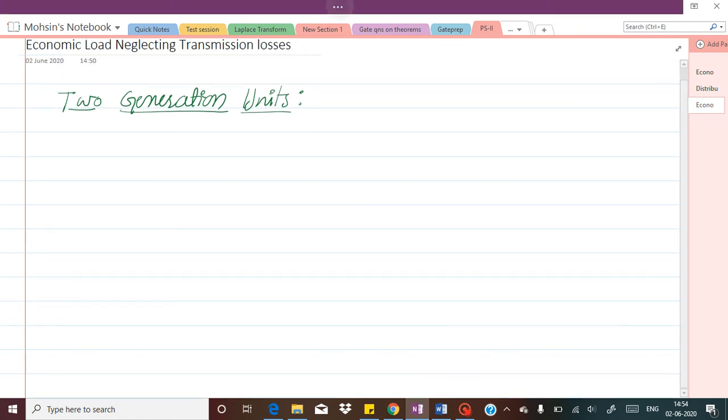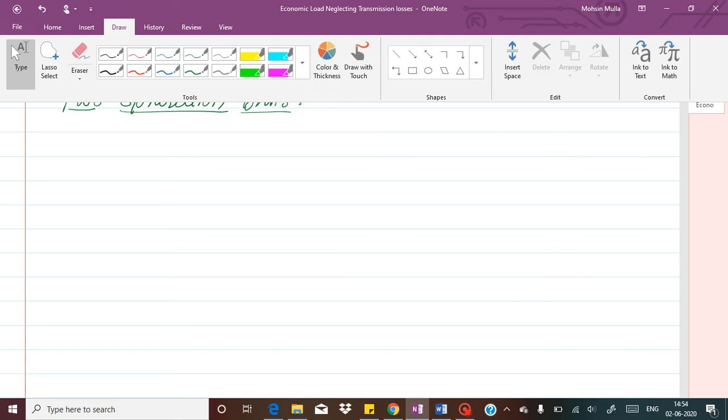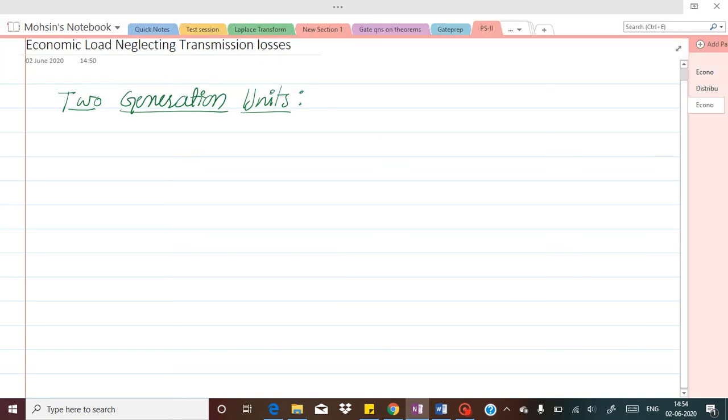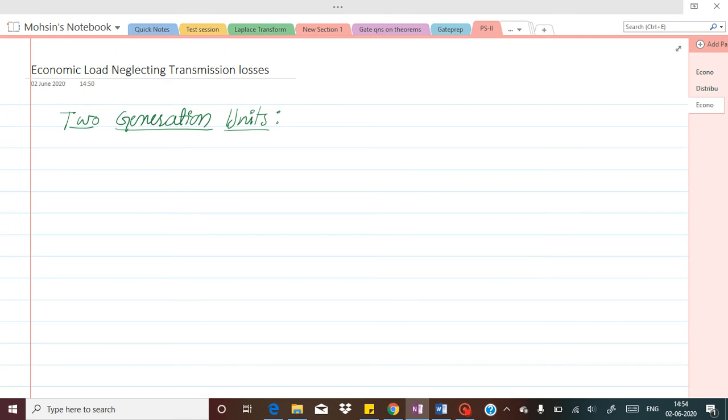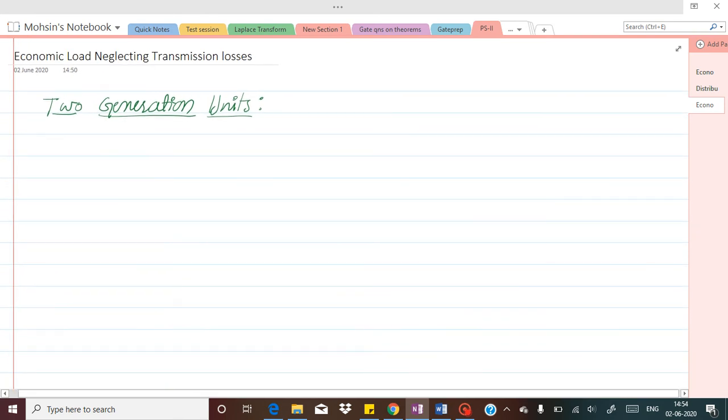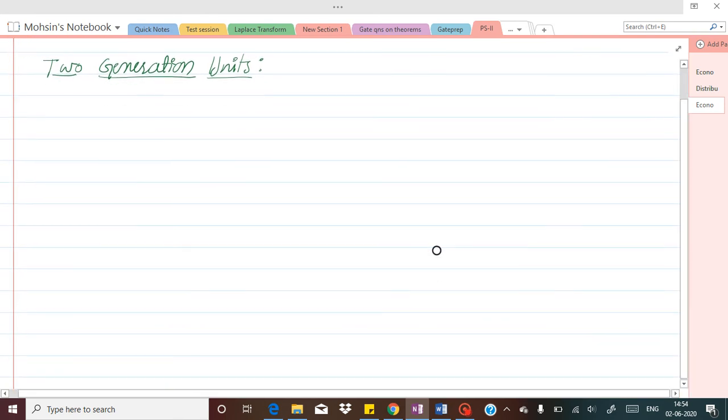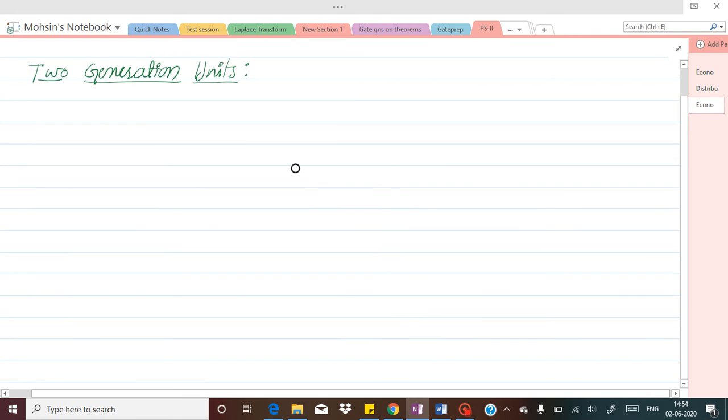Let me write a few of the lines, because it is required here to understand the derivation that we are going to do. We will do the whole derivation the way we usually do it, the theoretical way. So let me write: consider two turbo alternators operating in parallel. Usually when two units are operated, the turbo alternators are always operating in parallel.